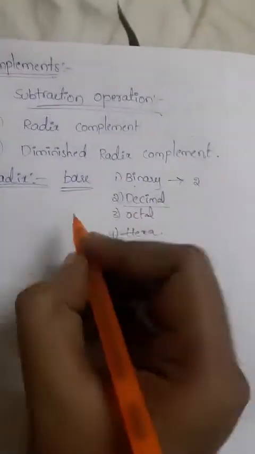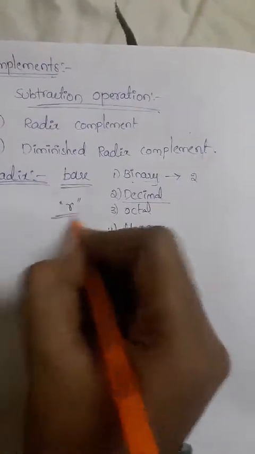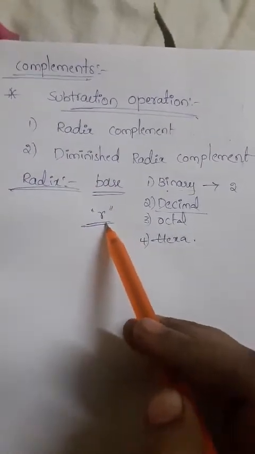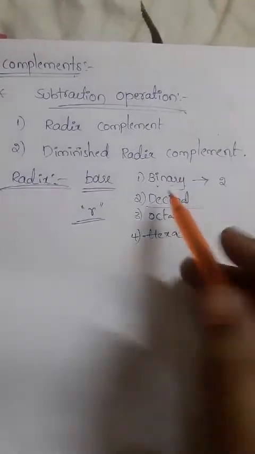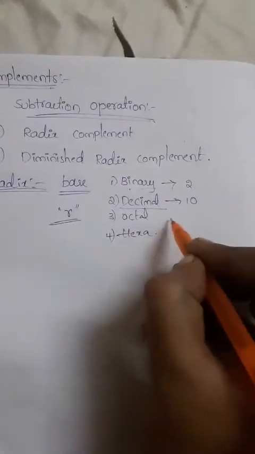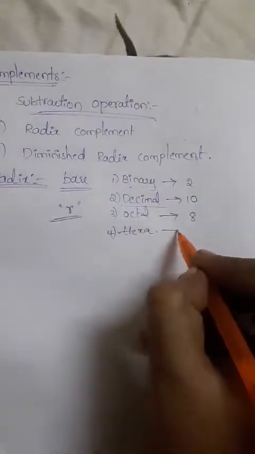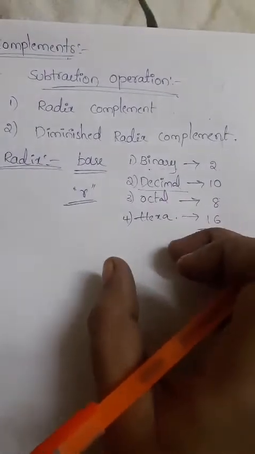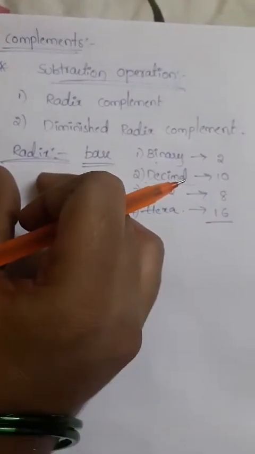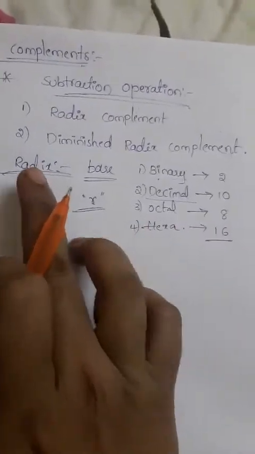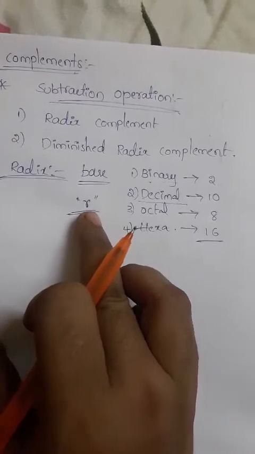In general, the base is represented by a small r. Every number system has some base: binary is 2, decimal is 10, octal is 8, and hexadecimal is 16. So whatever base the number system has, that is the radix, and we represent the radix as small r.